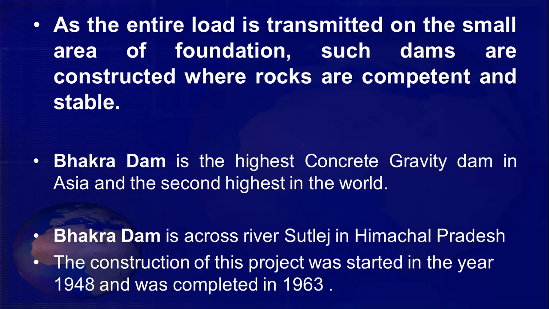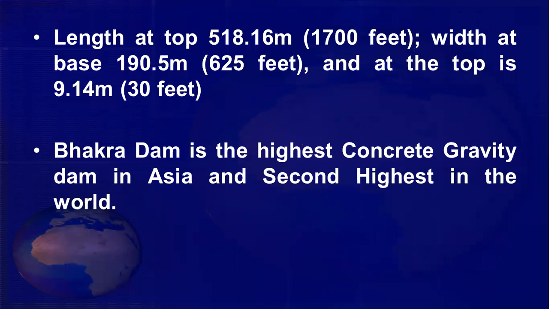So the Bhakra Dam is across the river Satluj in Himachal Pradesh, that is the Bhakra Nangal Dam. The construction of this project was started in 1948 and completed in 1963. Now, this dam is one of the major dams in India.